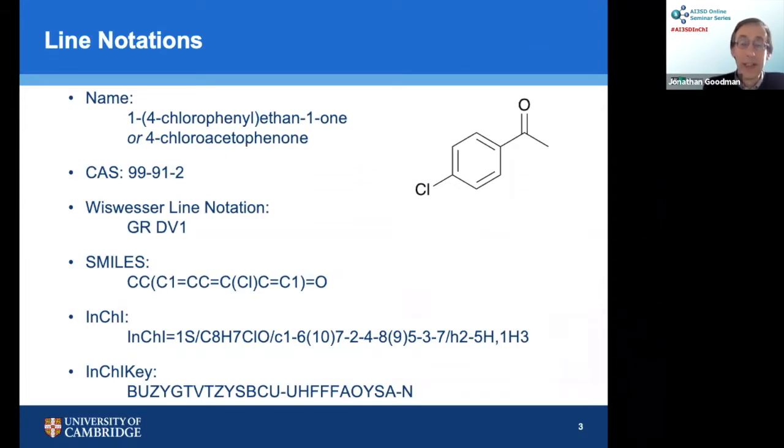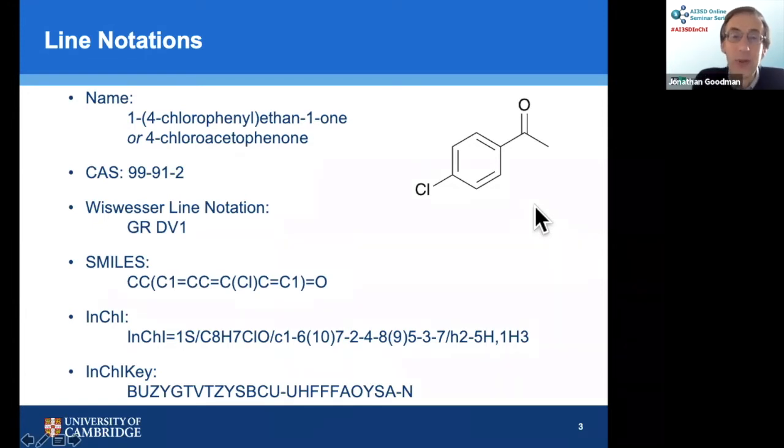But the key idea about an InChI is that one molecule has one InChI, and one InChI relates only to one molecule. So for this particular structure, there's only one InChI which is correct, and that's the one I've written down here. And if you have this InChI, there's only one molecule which relates to it, which is this.